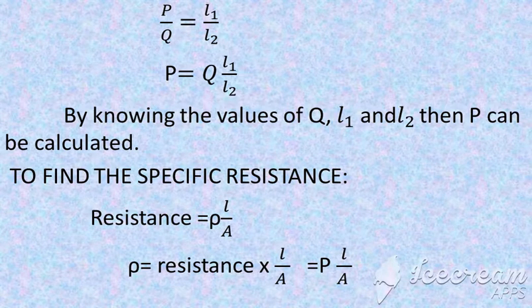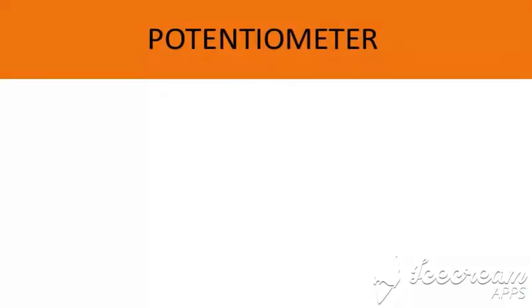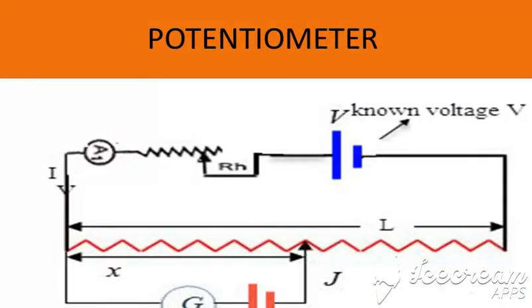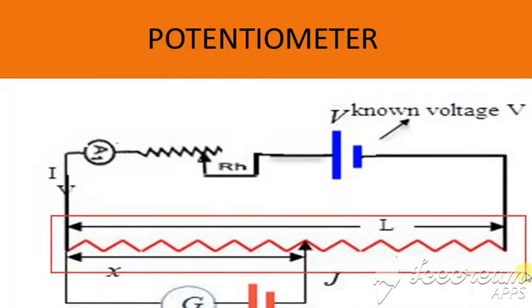Yes, clear. Next we are going to see the next topic, that is potentiometer. What is a potentiometer? It is the same as the meter bridge, but the difference is that there you will be considering only a 1 meter wire, but here this wire is of 10 meters, but it is not denoted here.